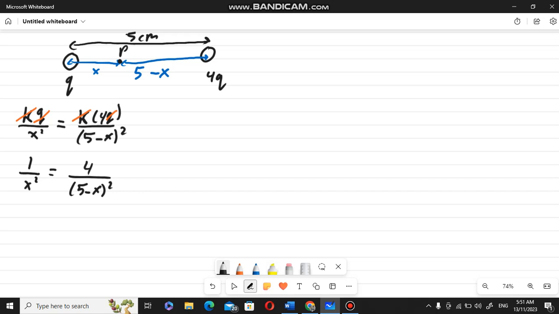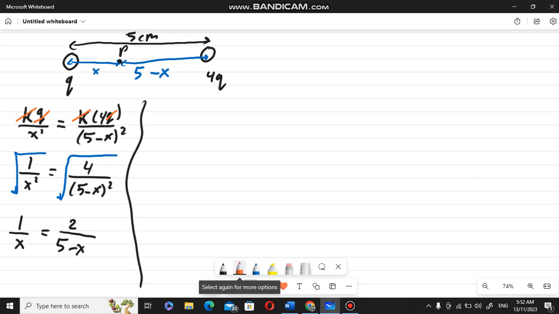Then you need to get rid of the squared, so you use radical for both sides. So radical 1, which is 1, over X, and radical 4, which is 2, over 5 minus X. Next step, we do cross multiplication between the terms. So we will have that 2X is equal to 1 multiplied by 5 minus X. So we distribute now the 1.